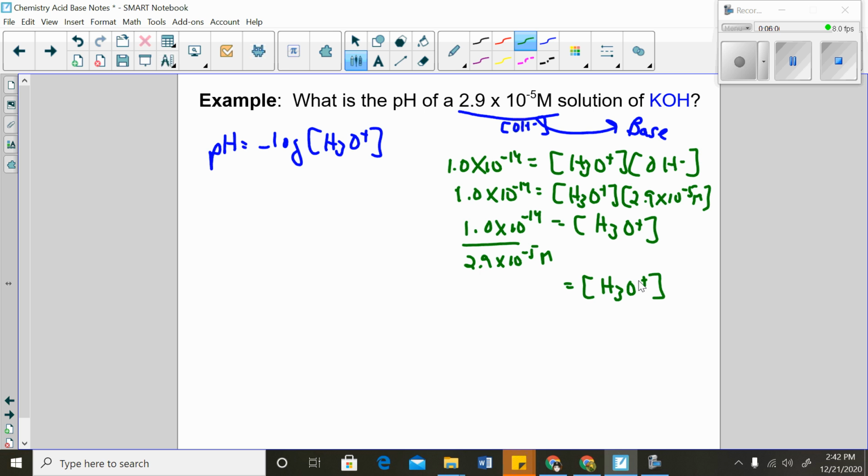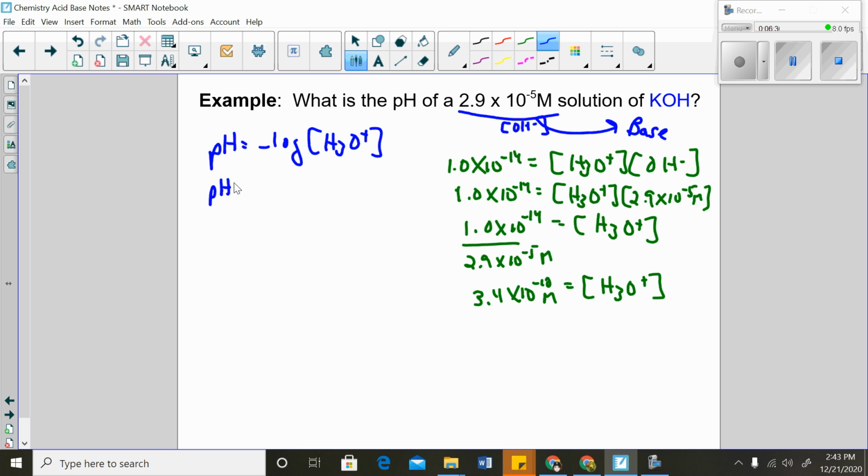Then bring that cursor down to the bottom, 2.9 e to the negative fifth. And using correct significant figures, you want 3.4 times 10 to the negative 10th molarity. So now you have your H3O plus, and now you can solve the problem.